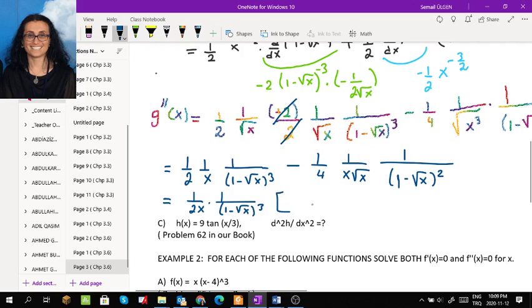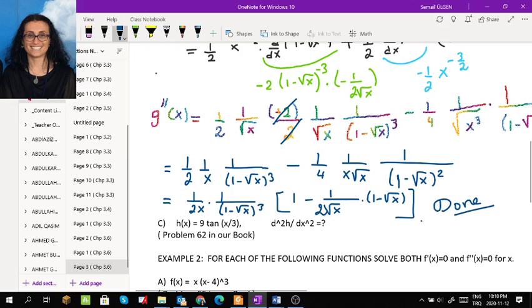When I take this out, I have 1 here, and I have negative 1 over square root of x times 1 minus square root of x, and that's it. Because if I multiply this with this, I should get the squared back. That's the only way, and x times x is like that. And I forgot to write 1 over 2. There should be a 2 here, otherwise it doesn't make 4. Okay, this is the final answer here.